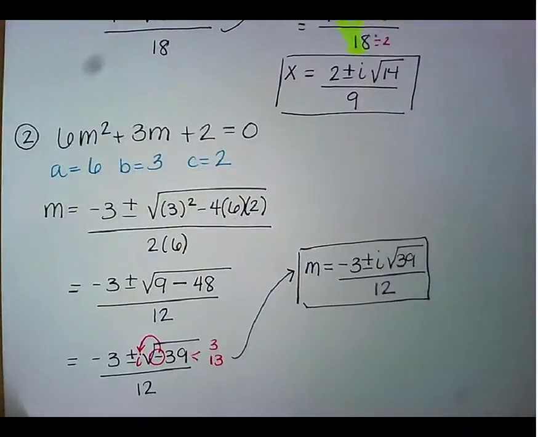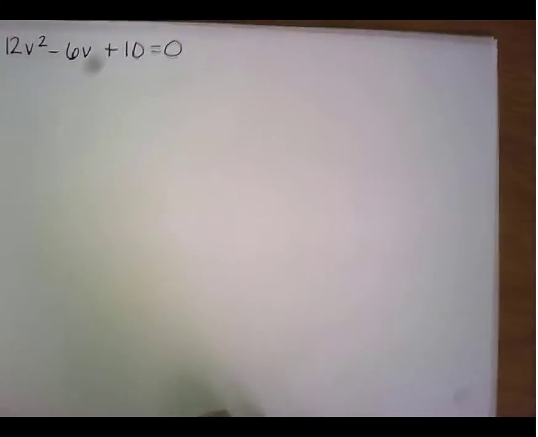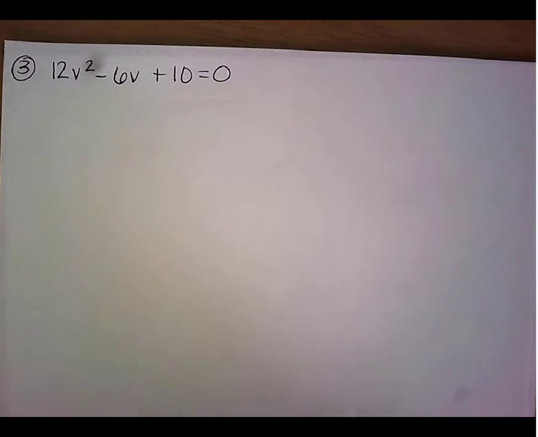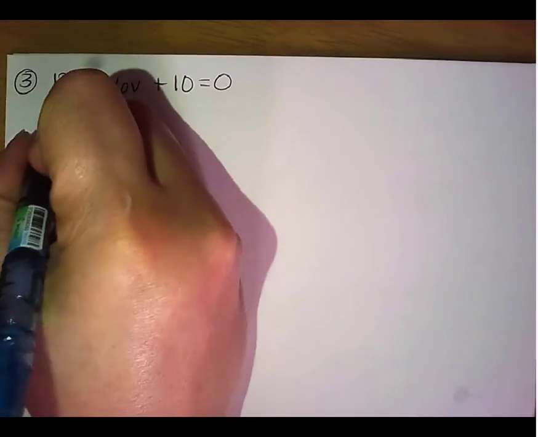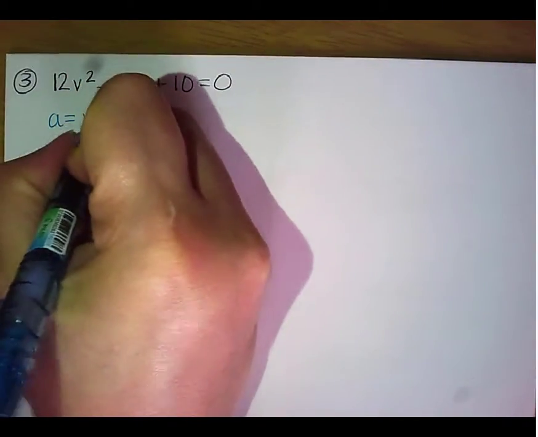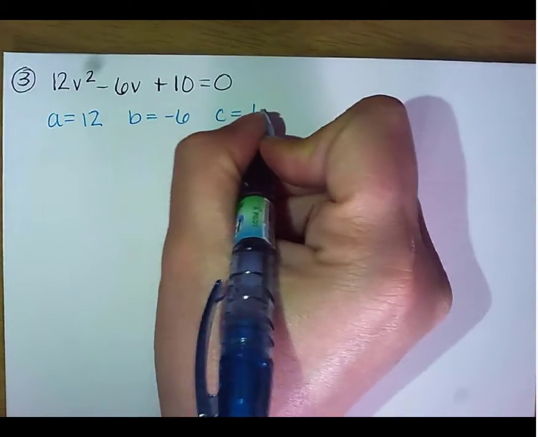Okay, so we've got one more example to do together and then a couple problems for you to try. So let's look at our last example. We've got 12v squared minus 6v plus 10. So again, starting off by picking out the a, b, and c. So our a is 12, b is negative 6, and our c is going to be 10.